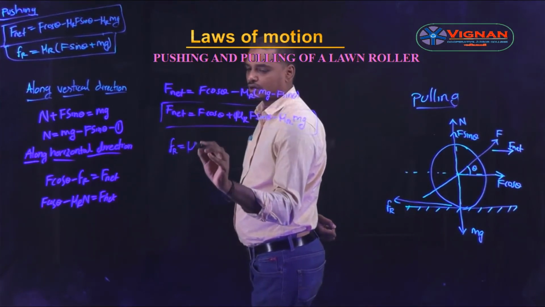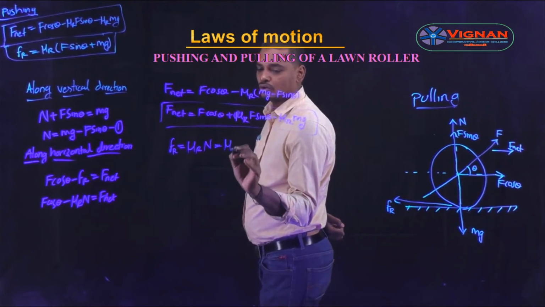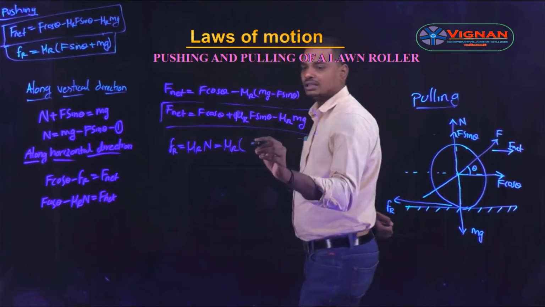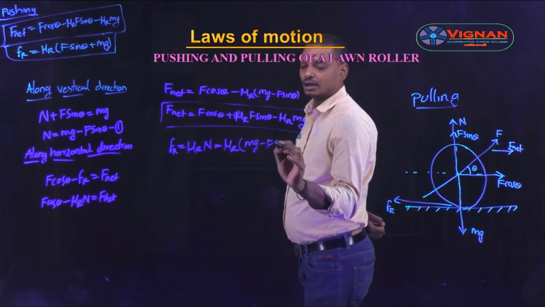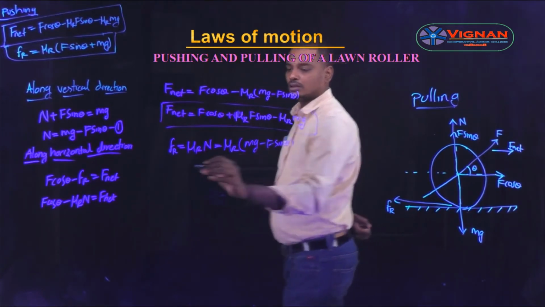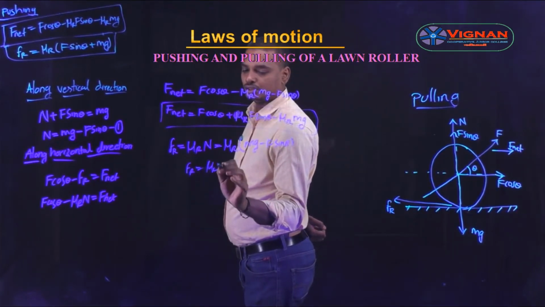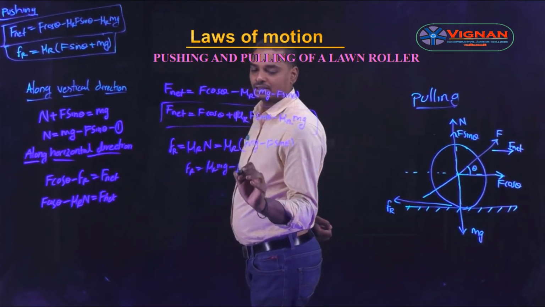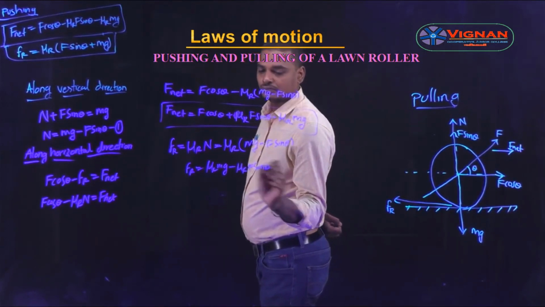Frictional force Fr is equal to mu r into N, and N is nothing but mg minus F sin theta, from which Fr is equal to mu r mg minus mu r F sin theta.